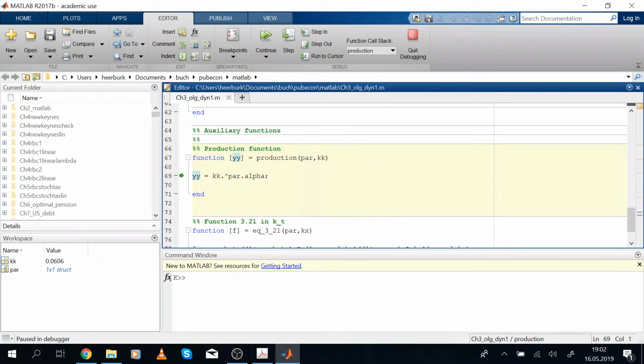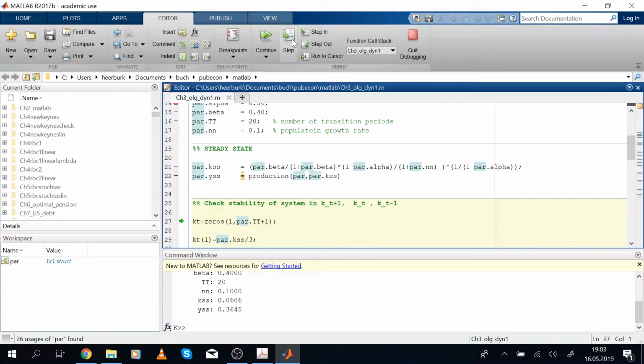As you can see here, alpha is equal to 0.36, and we passed the value of the capital intensity for which we would like to compute the production as a variable kk, and this is equal to our steady state capital intensity 0.06. To step out of this function, you just have to press the respective cursor step out.